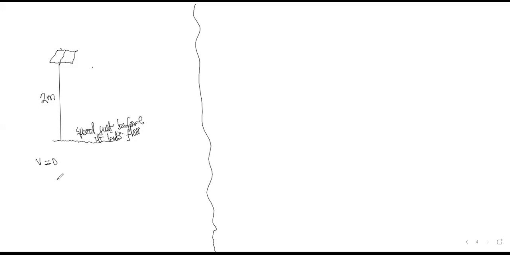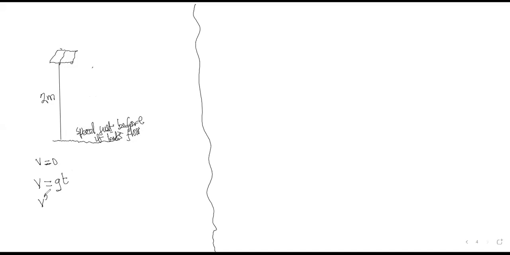So can you make me proud? This is vertical downward motion. So V is equal to gt because u is 0.